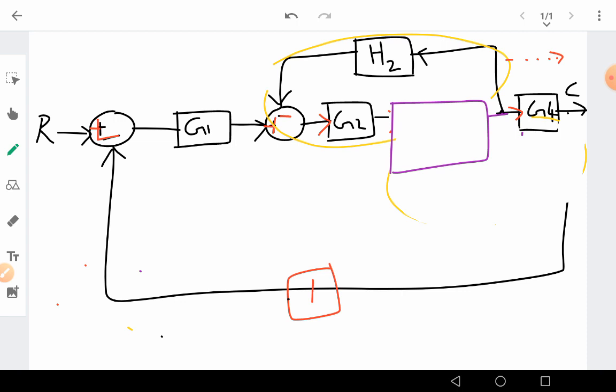The numerator will be G3, and the denominator will be 1 plus G3 into the two terms, G4 H1. So this is my new thing.